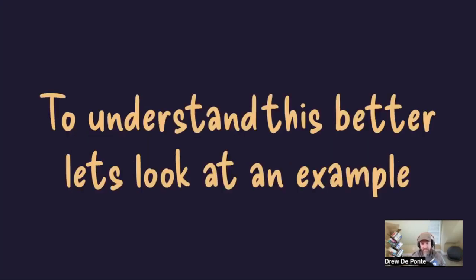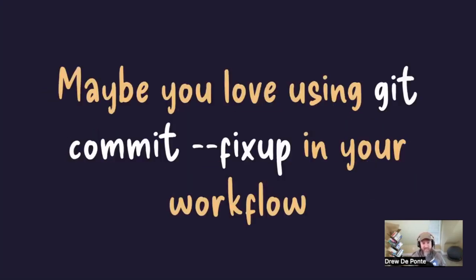Because if we look at this little example, maybe you're a person that loves the git commit --fixup option, for example. If you're not familiar with this, it is a Git command to flag a particular commit to be fixed up into the commit above it when you do a rebase with the --autosquash option, right?